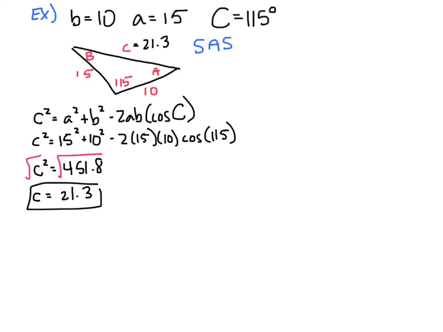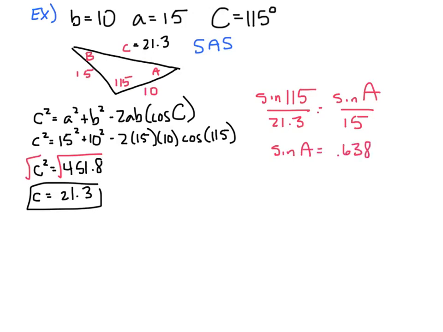Okay, so we have all three sides and one angle. So now, since I have a side and its opposite angle, I can use the law of sines. So let's solve for angle A. I know that the sine of 115 over 21.3 equals the sine of angle A over 15. Once I cross multiply and divide, I see that the sine of angle A is equal to 0.638. So doing the inverse sine of that, angle A is equal to 39.7 degrees.